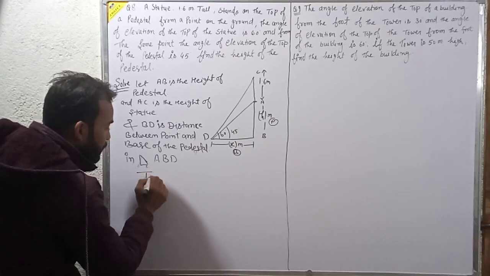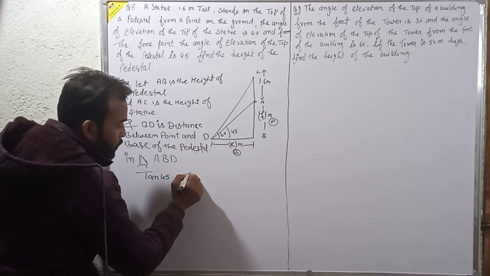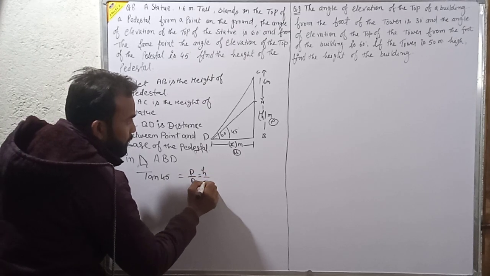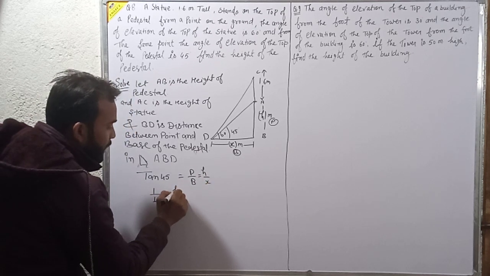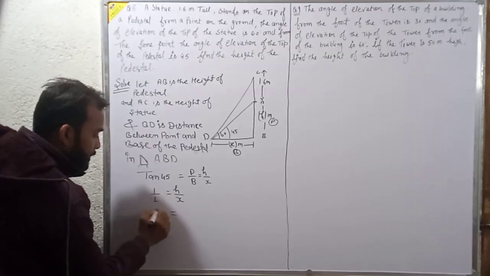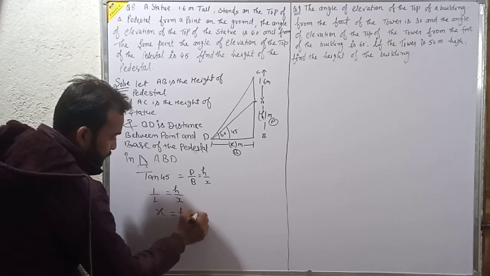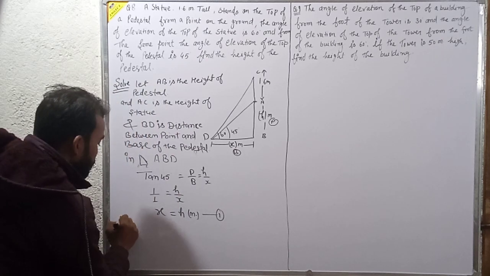So tan 45 degree is equal to P by B. That means 1 by 1 is equal to H upon X. Here X is equal to H meter. Equation first.